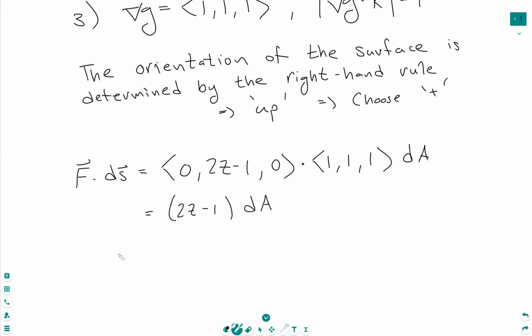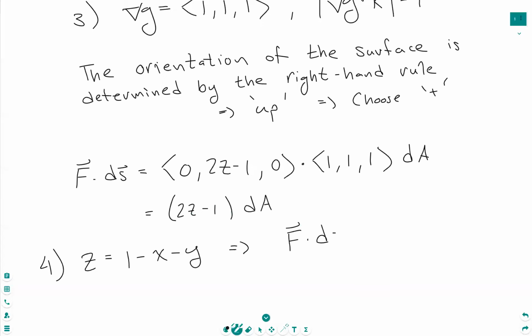Okay, so for step 4, we need to remove all z's from our possible integrand. So we can say that z is equal to 1 minus x minus y.